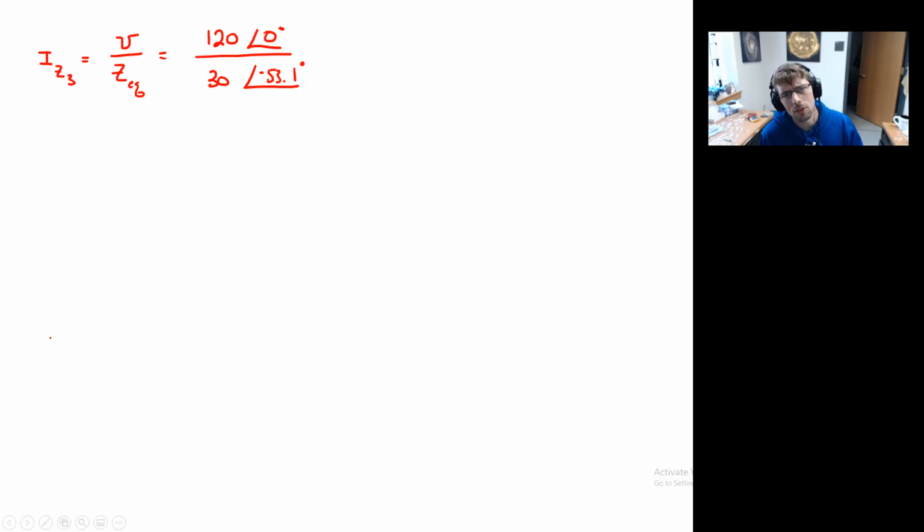Now you could do it in terms of the Cartesian coordinates, and then you just have to move the j into the numerator again. That's perfectly valid. And so we see that the current flowing through our Z3 is given by 4 at an angle of 53.1 degrees. Sweet.